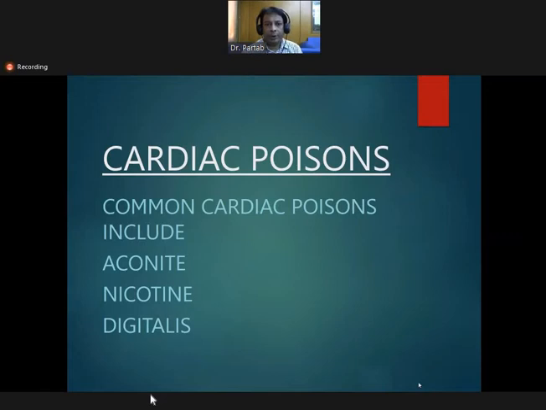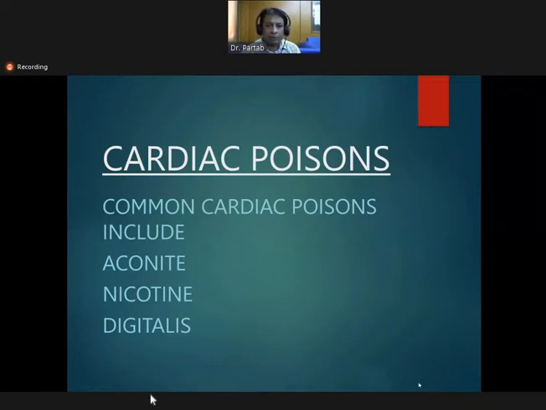So there are different types of poisons, like the medicines I described: digitalis, digitoxin, digitonine, and other poisons like aconite, the oleanders, yellow and white types of oleanders, and nicotine, like the nicotine smoked in cigarettes and chewed in betel leaves in our societies. These all cause toxic effects when the dose is crossed.